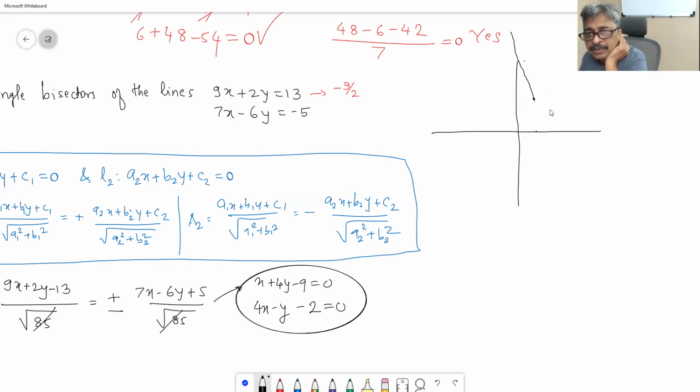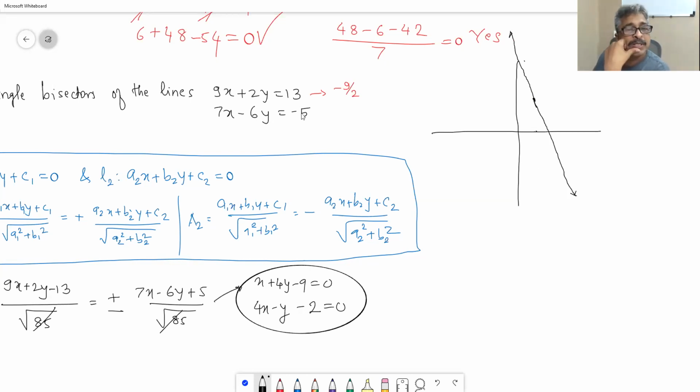I mean, just sketching. Slope negative, that means downward, like this, and it is 4.5. So if you go 1 unit in positive direction of x-axis, you will go 4.5 units in y, and it is negative.